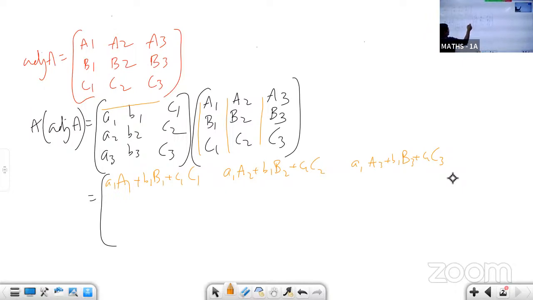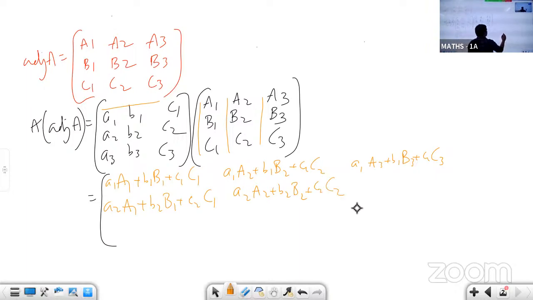Now, second row with three columns. a2 A1 plus b2 B1 plus c2 C1. Next, a2 A2 plus b2 B2 plus c2 C2. Here, a2 A3 plus b2 B3 plus c2 C3.